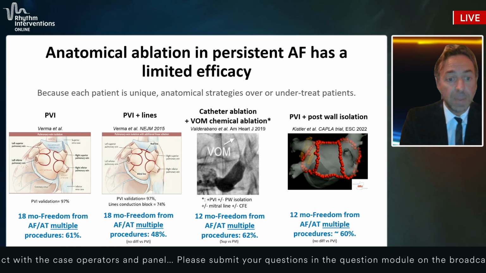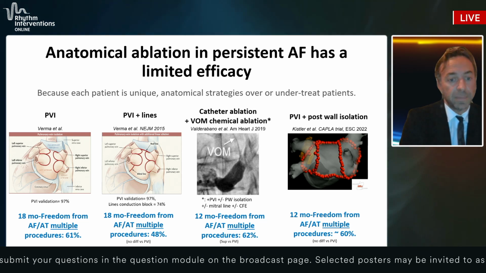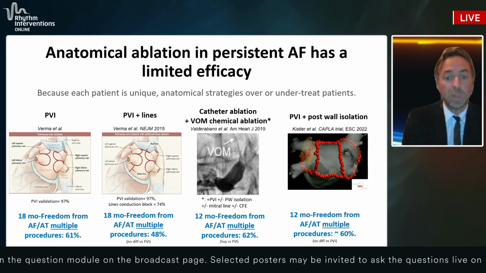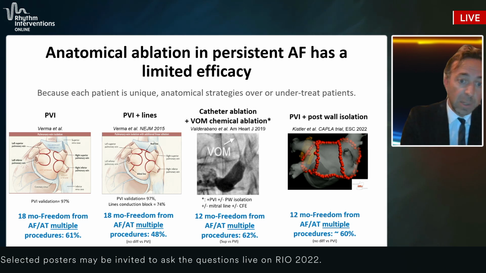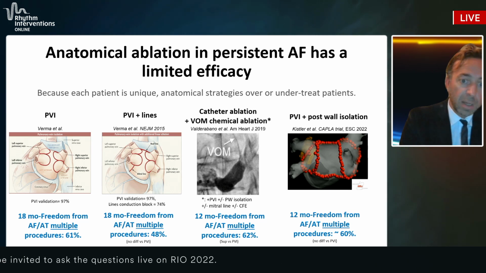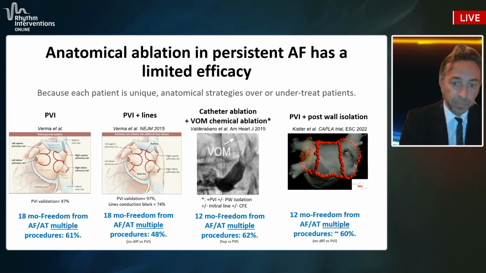But if you look at the multiple procedures at 12, 18 months, the success rate after multiple procedures is between 50 and 60%. And only the Miguel Valderrabano randomized clinical trial demonstrated a superiority to classical ablation.